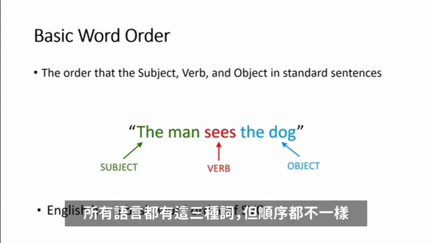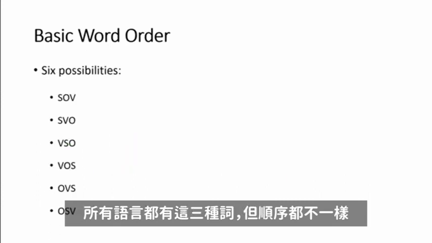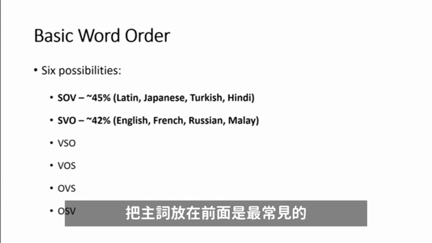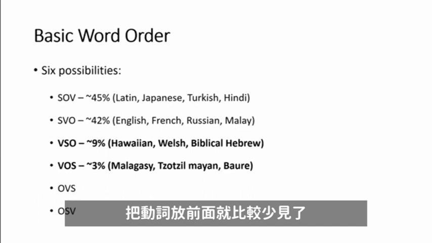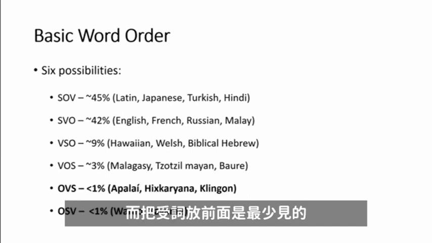All known natural languages distinguish between these three roles, but the order in which they come in the sentence is actually quite variable. Languages that put the subject first are by far the most commonly represented, but verb-initial languages are not unheard of. Languages with a default word order that puts the object first are extremely rare.